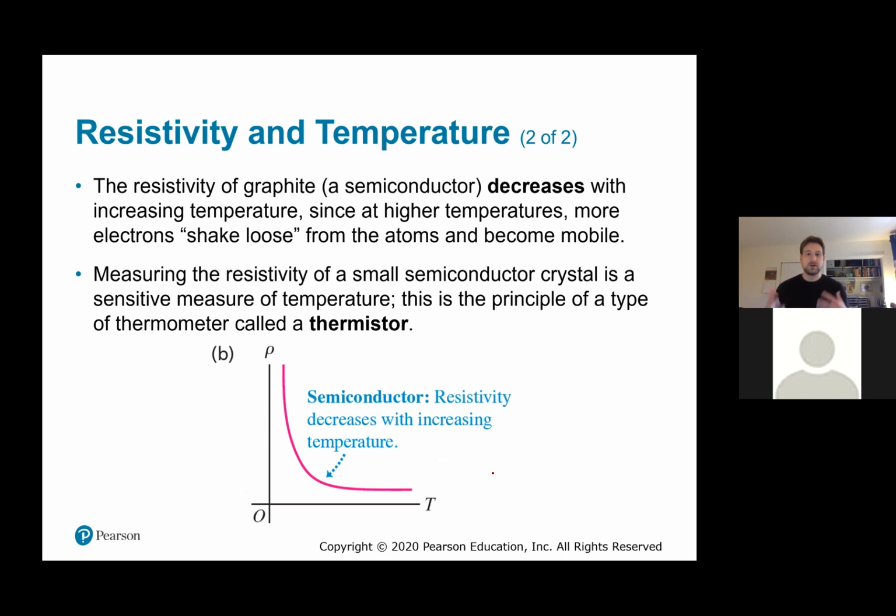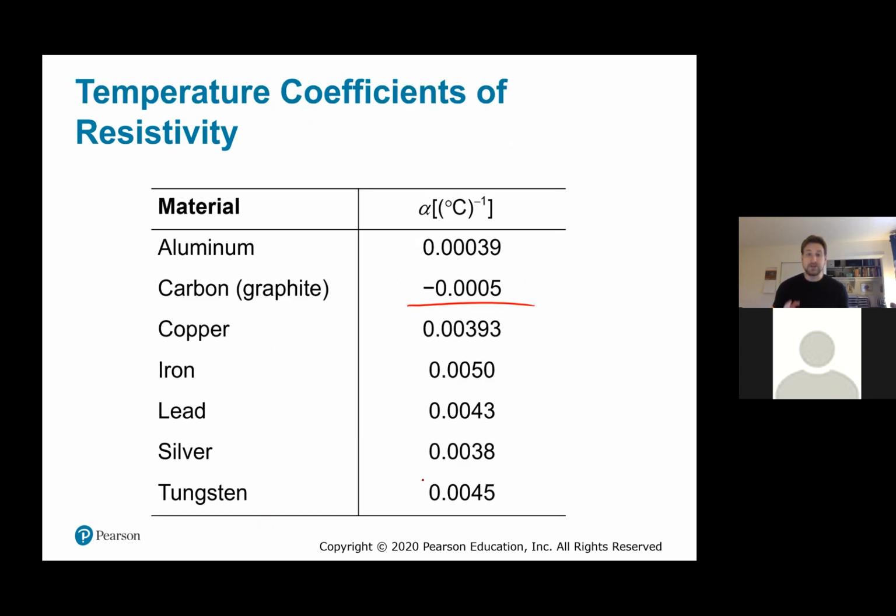The thermal excitation of the molecules in graphite makes it easier to move them around. In metals, other conductors, it appears to be worse as temperature goes up.